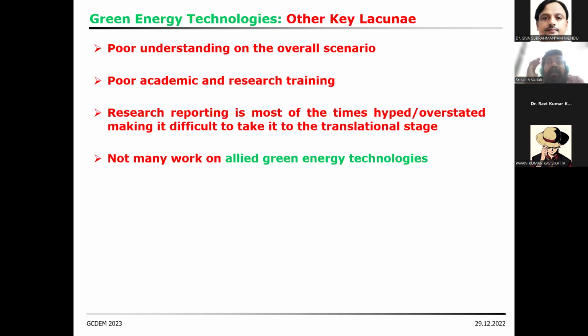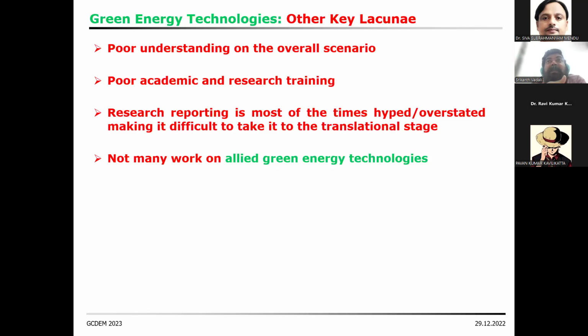But if you make a mistake at this stage, at the primary basic research or applied research, it becomes very difficult to translate that into a product. Many people don't realize that, but wherever they get an opportunity, they say mine is a green chemistry, mine is a green product, mine is green technology.